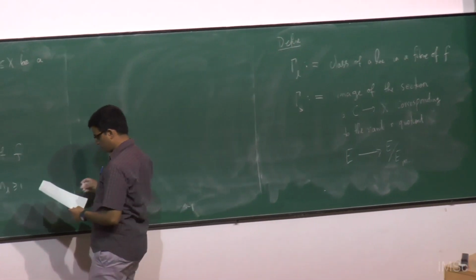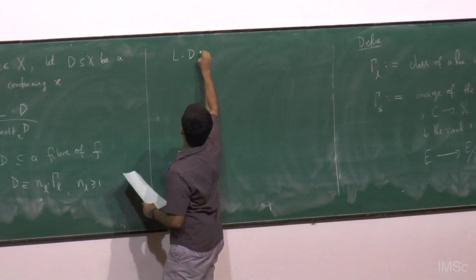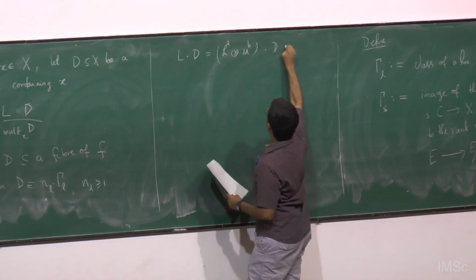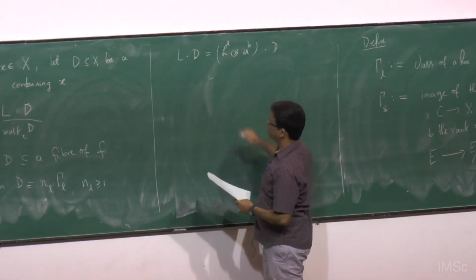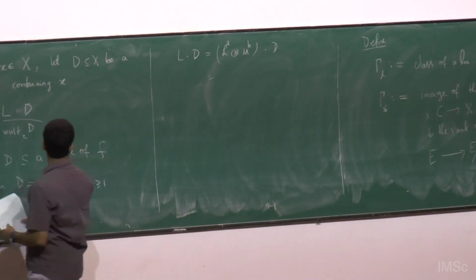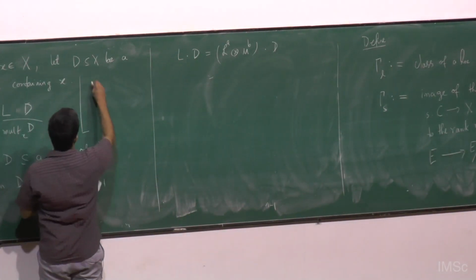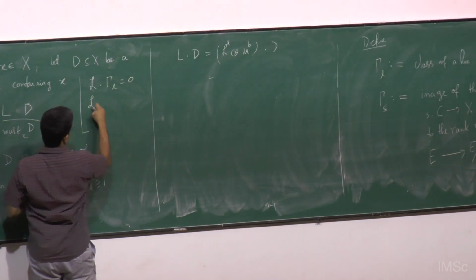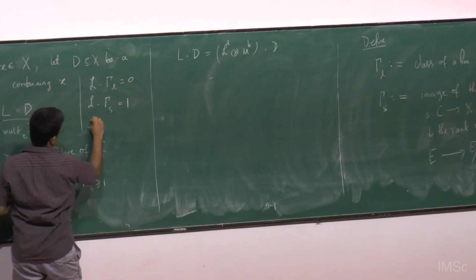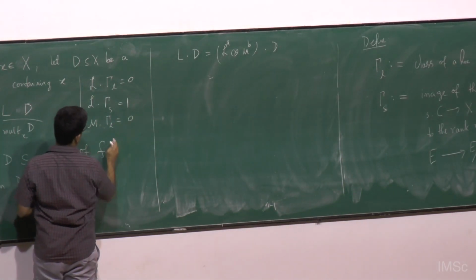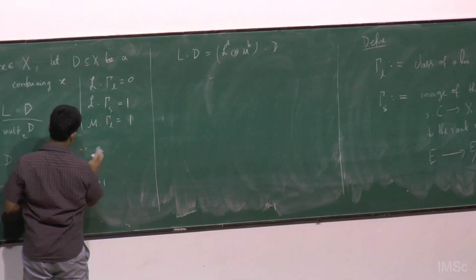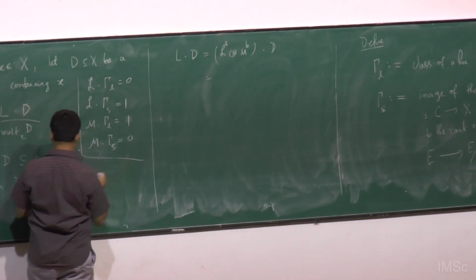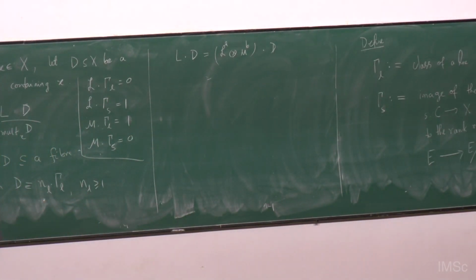Okay. So then what is L dot D? So this is LA. Okay, so I'm going to be, it turns out that, so I should write that here just for, so this is the intersection on the variety.